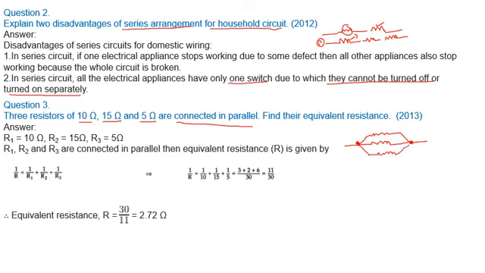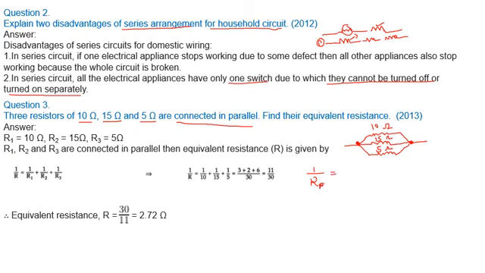Now here 10 ohm, 15 and 5 ohm, how are they connected? Because it is in parallel, the resultant resistance is 1 upon R. I can write R small p, where this p shows that the arrangement of resistance is in parallel.